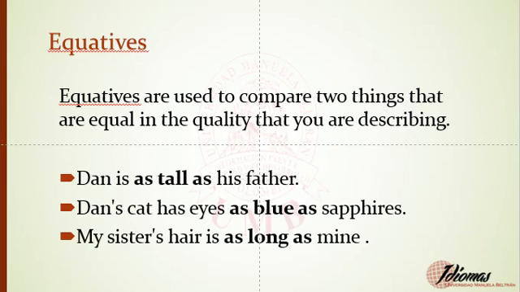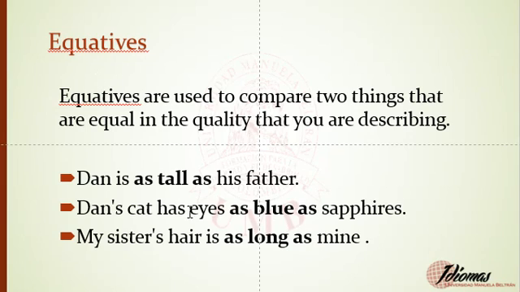Okay, in this case, we have more examples. Danny is as tall as his father. Dan's cat, el gato de Dan, está hablando en este caso, has eyes as blue as sapphires. And my sister's hair is as long as mine.